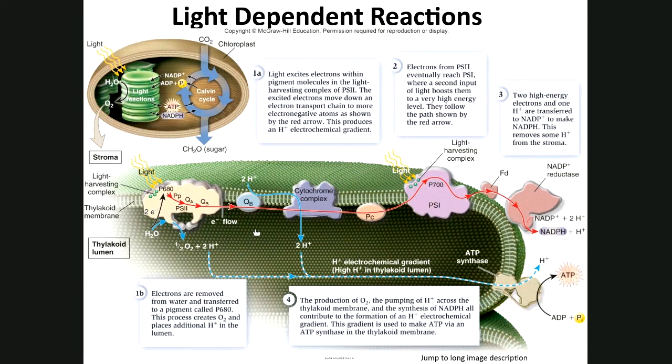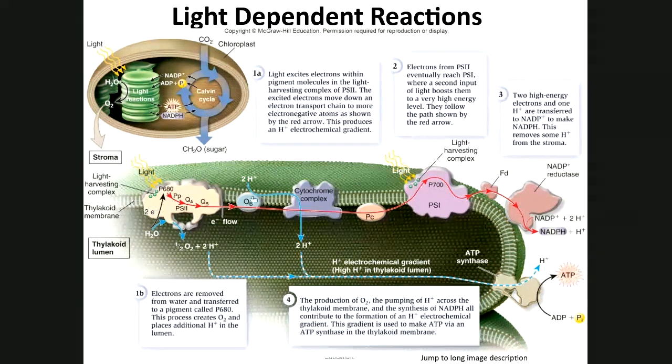Second, we're losing electrons. Okay, as water is split, some electrons are lost, and these electrons are then accepted here by photosystem 2. And when light strikes them, these electrons get energized. Okay, so they increase their energy level. And that allows the electrons to be shoveled from one place to the other.